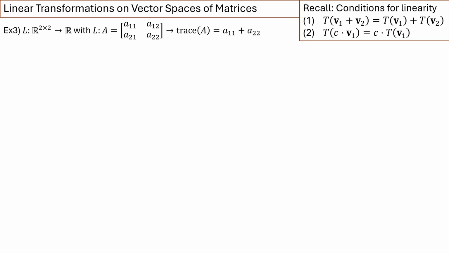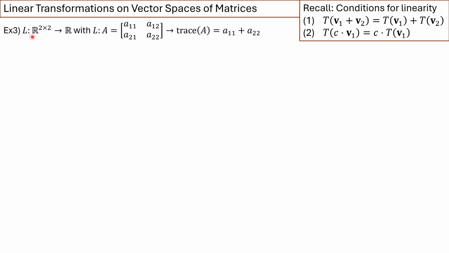Now let's talk about linear transformations on vector spaces of matrices. Remember that matrices can be inputs too. By the way, if you ever want to visualize these transformations, you can vectorize the matrices and do what we've already been doing. Now with algebra, let's see if the transformations defined on them are linear. So first we have the trace function.